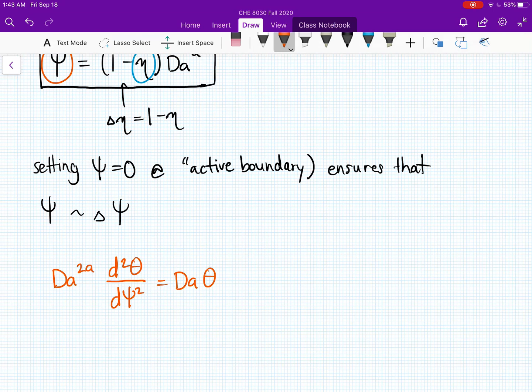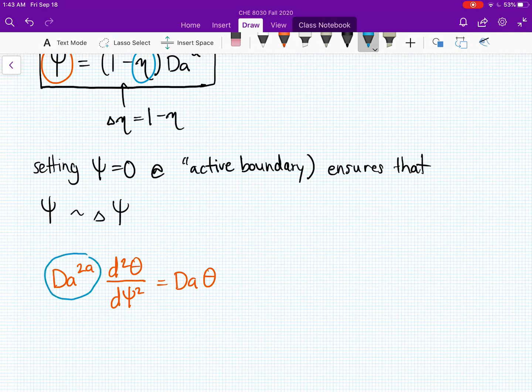Ultimately here, the premise of this variable transformation is that we would like to remove terms that are troublesome in our equation. And so for us, that troublesome term is the Damköhler number. Because when the Damköhler number gets really, really big, our scaled length is no longer scaled properly.